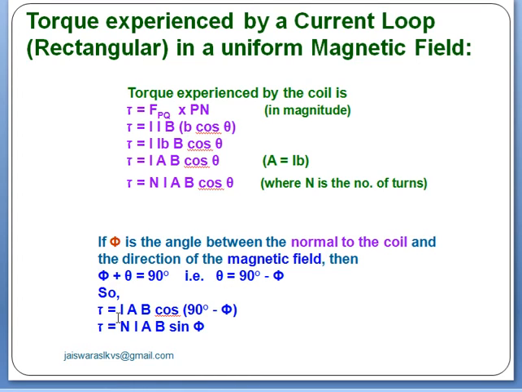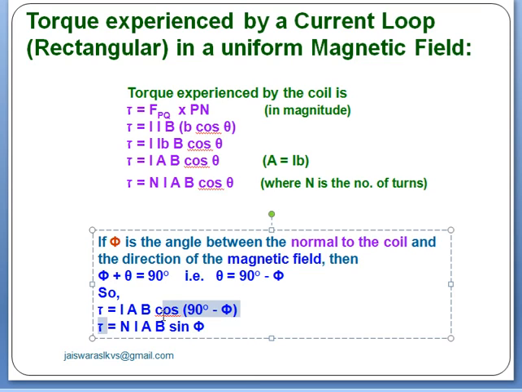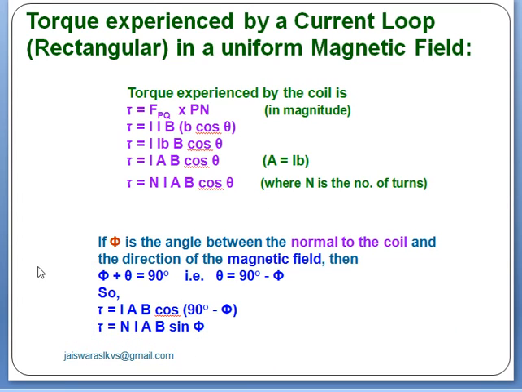So tau will be equals to IAB cos of 90 minus phi, and you know cos 90 minus theta is equals to sin theta. So finally we will get this formula, that is tau is equals to NiAB sin phi, where n is the number of turns contained by current loop which is placed in uniform magnetic field.